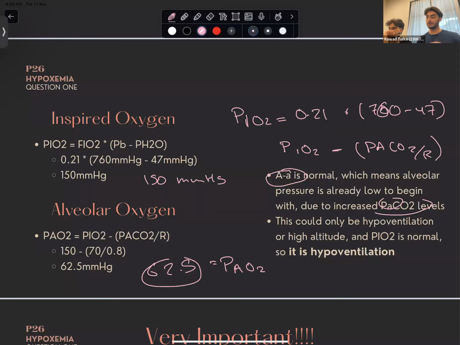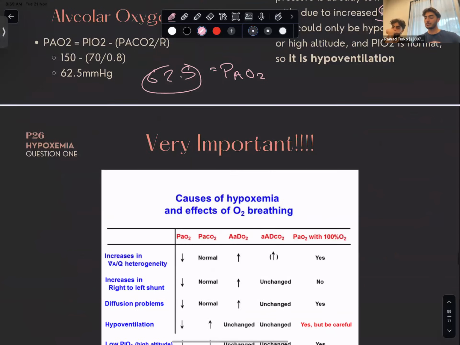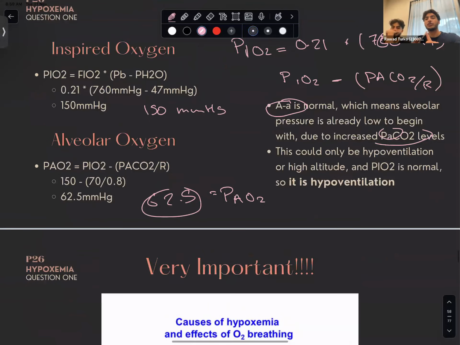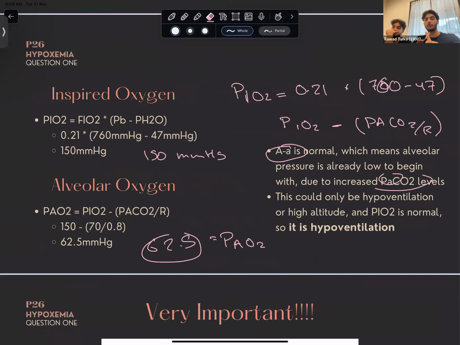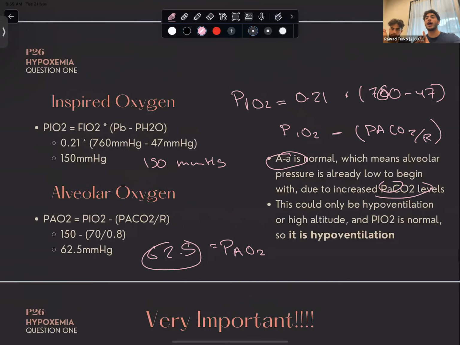The only two things. This is going back to this table, by the way. So the two things that you're looking at are increased CO2 and the normal gradient. The normal gradient means that it can only be either high altitude or hypoventilation.